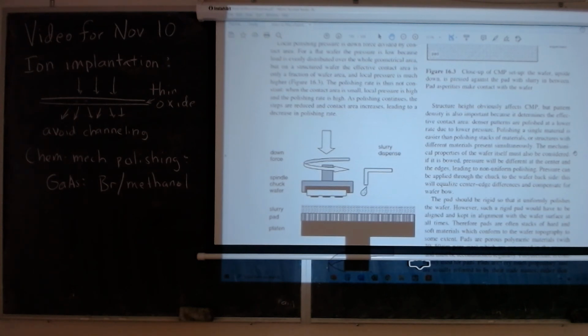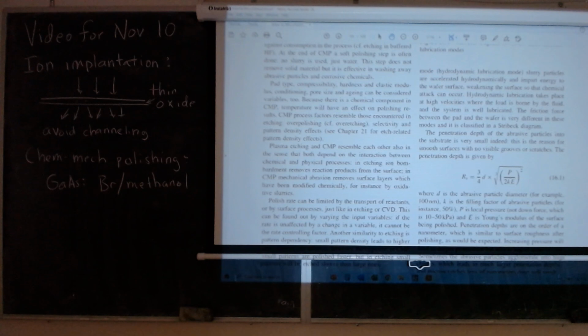The only slurries I've used are either purely chemical, like bromine methanol for gallium arsenide, or purely mechanical, meaning having a grit that causes the removal. But I haven't done one that has both. That's the extent of today's lecture, and that completes us up to chemical mechanical polishing.